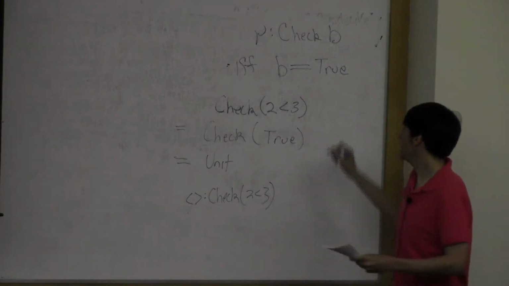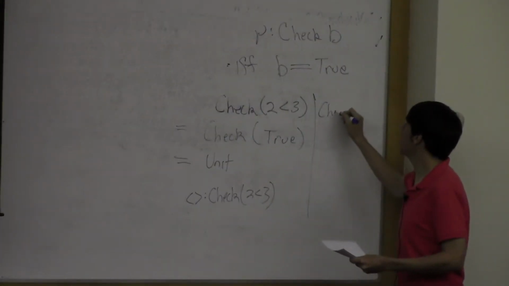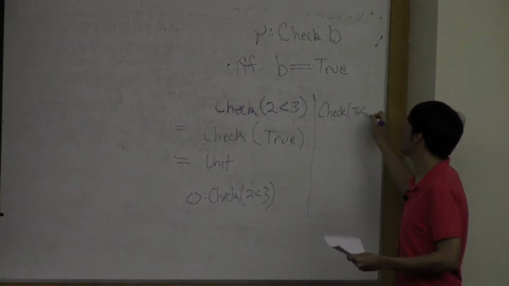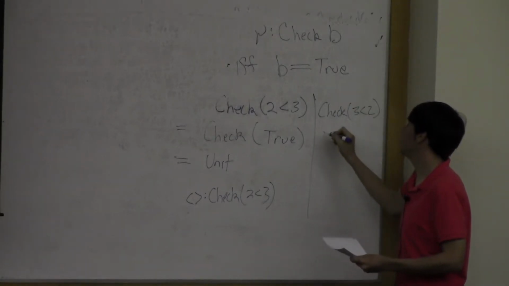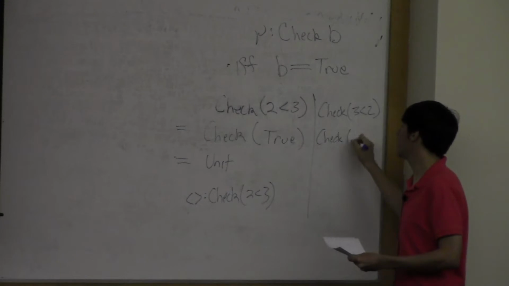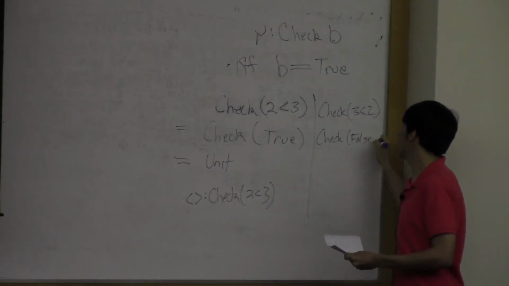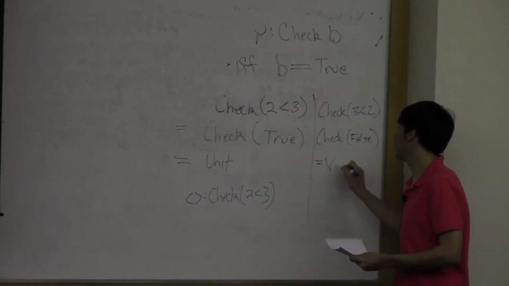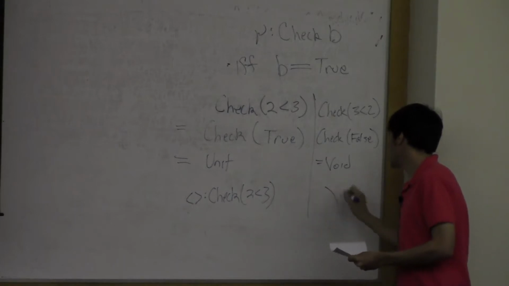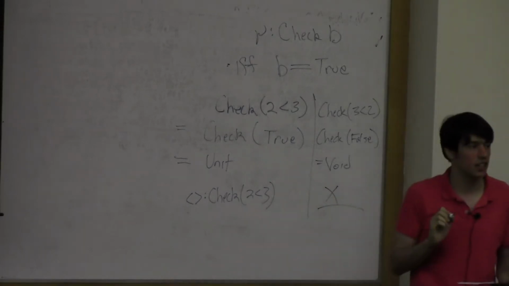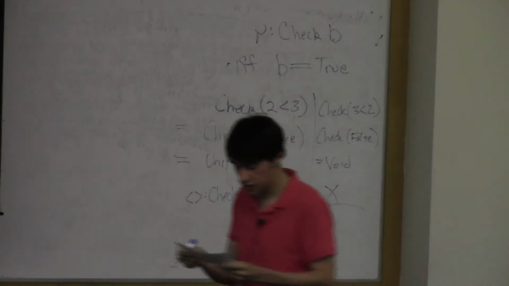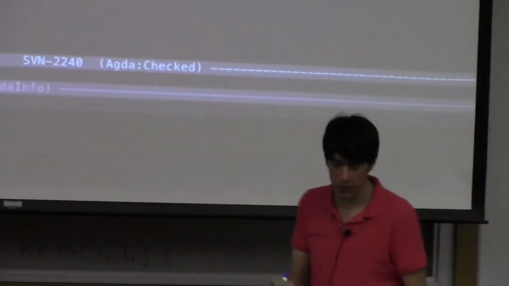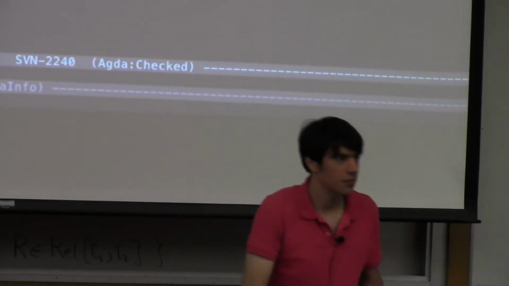Okay? On the other hand, check of 3 is less than 2 will evaluate to check of false, which will evaluate to void, which means we can't come up with a term of type check 3 is less than 2. Okay? Does that make sense?